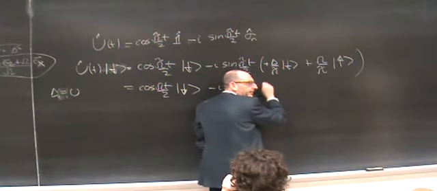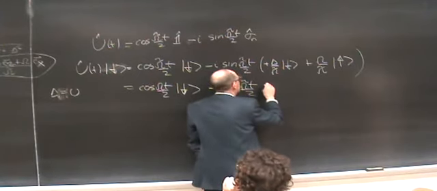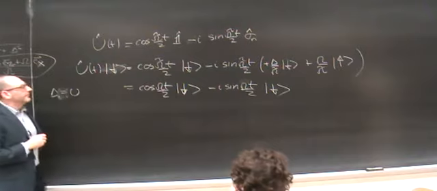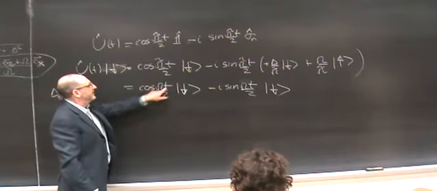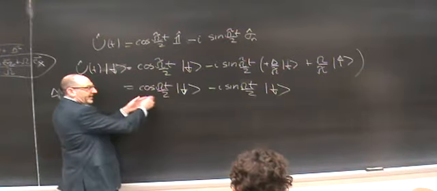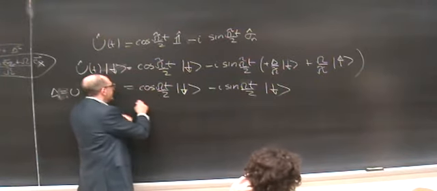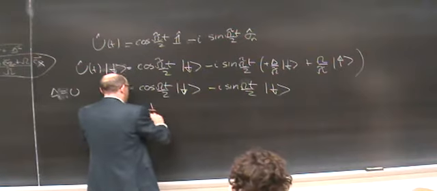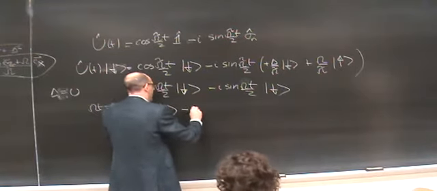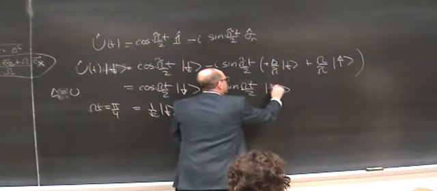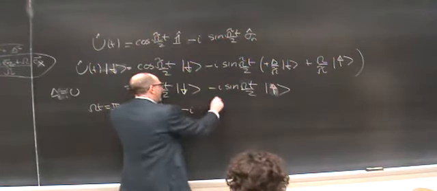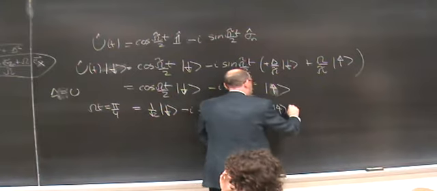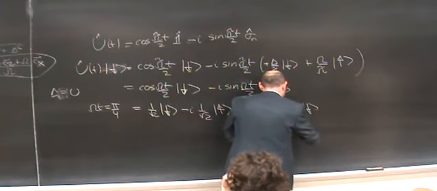That's not the important conceptual thing. So for example, when omega t was pi over 4, this is cosine of pi over 4, which is 1 over root 2 spin down minus i, oh gosh, it should be up, 1 over root 2 spin up, or equivalently minus i spin up plus 1 over root 2 spin down.